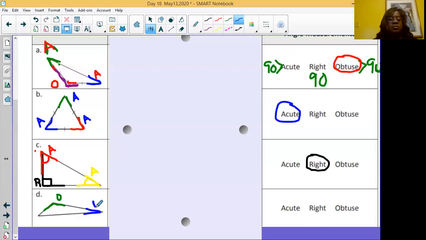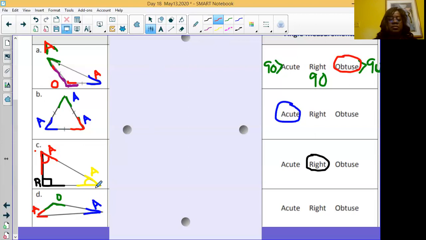You're absolutely right. It is an acute angle. You have another third final angle over here. What type of angle is that? You're right. It is an acute angle.